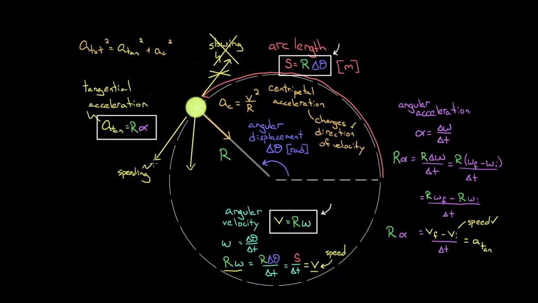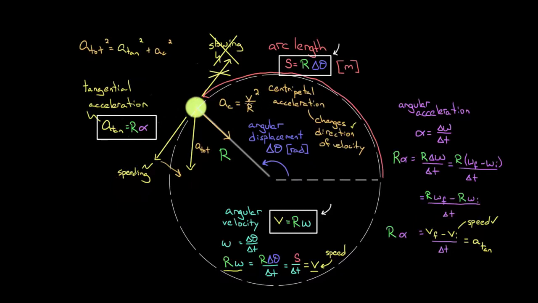And since you could form a right triangle out of this with these two sides, you can imagine moving this centripetal acceleration over to this side. And you can find the hypotenuse, which would be the total acceleration, by just taking the tangential acceleration squared plus the centripetal acceleration squared, and then taking a square root would give you the magnitude of the total acceleration. So recapping, there's two components of acceleration. The tangential acceleration, which is r times alpha, either speeds an object up or slows it down.